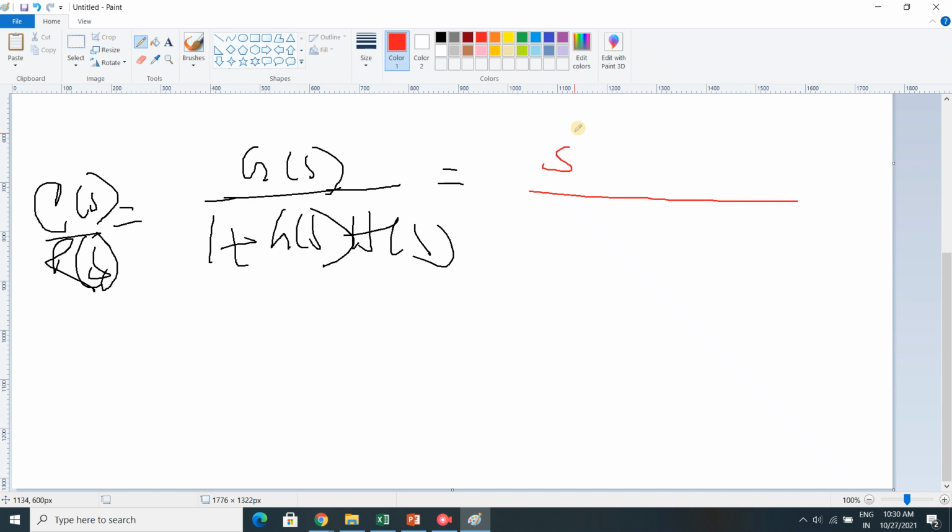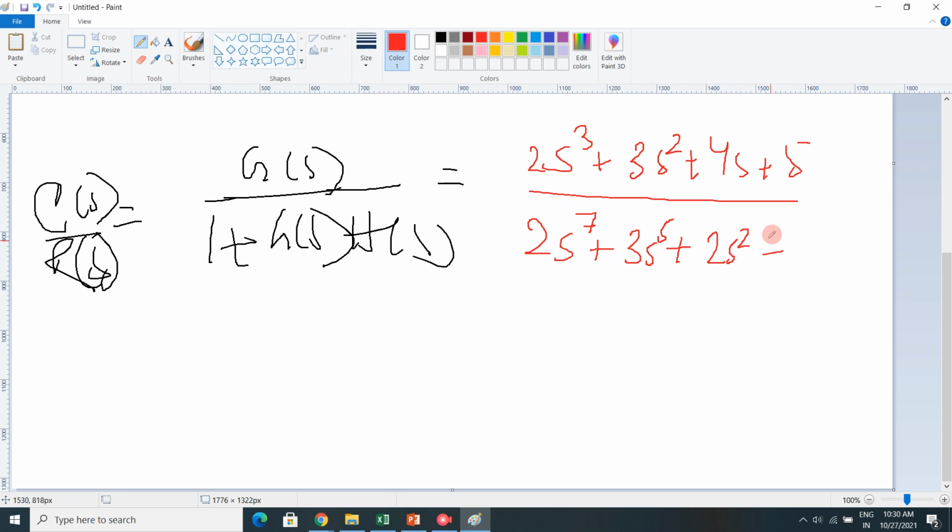This can be in this form, suppose 2s cube plus 3s square plus 4s plus 5. The denominator may be like this. Generally the exponent in the denominator is greater compared to the numerator. Why? Because G(s) and H(s) are getting multiplied. It is better that the power in the denominator is more. So it can be like this.